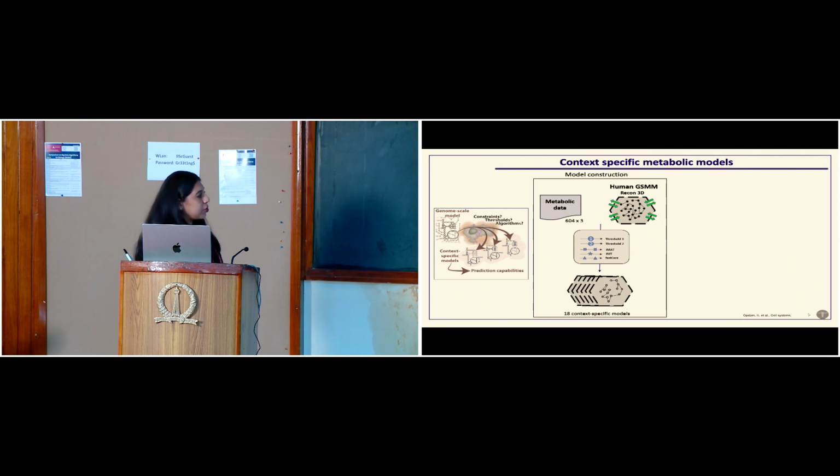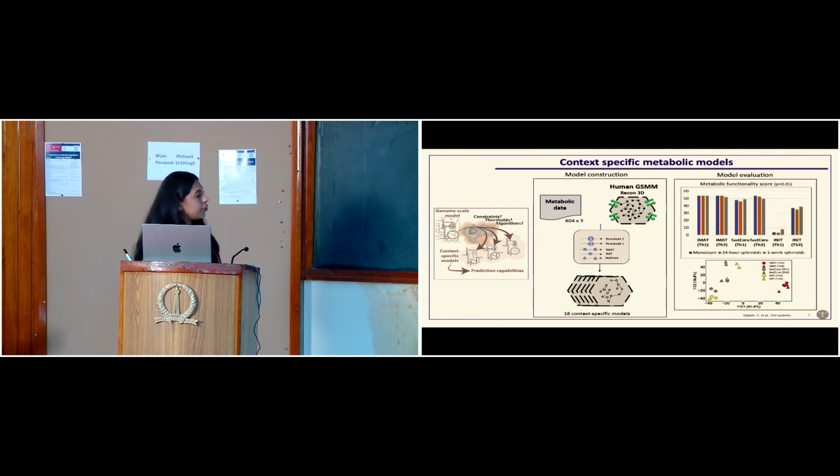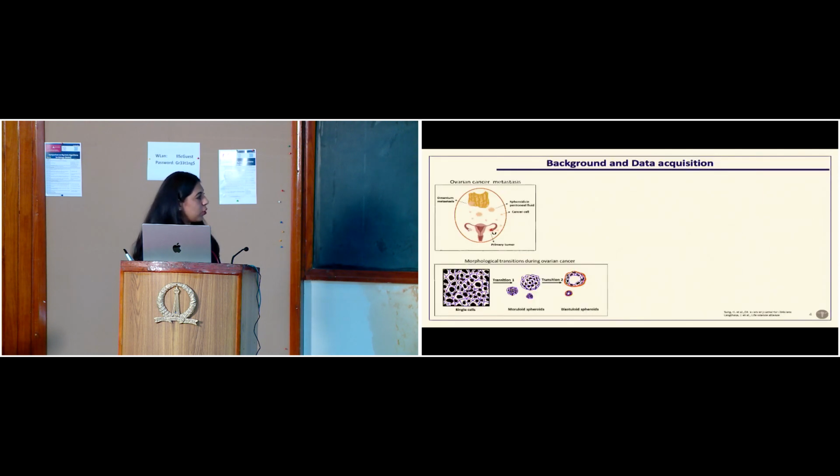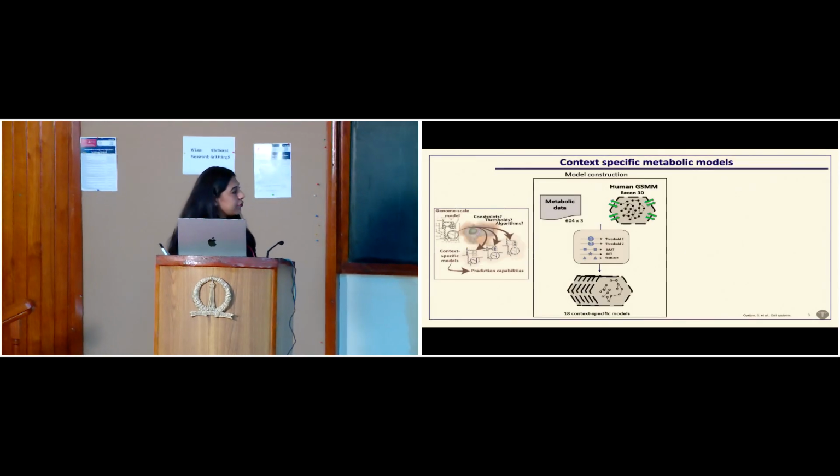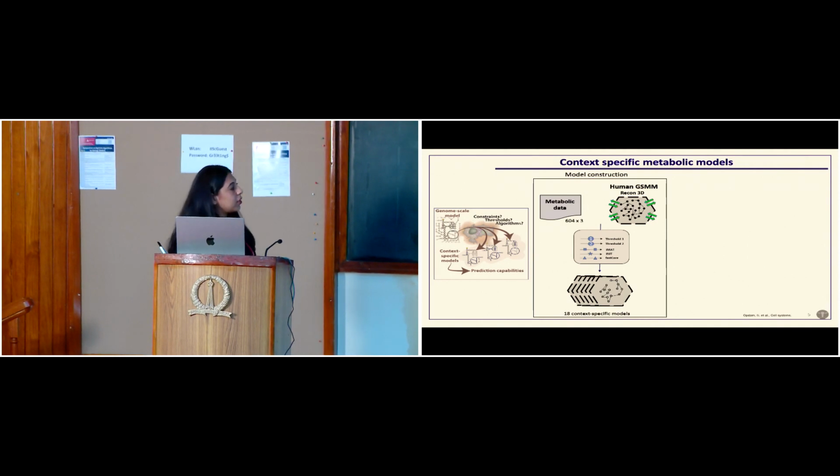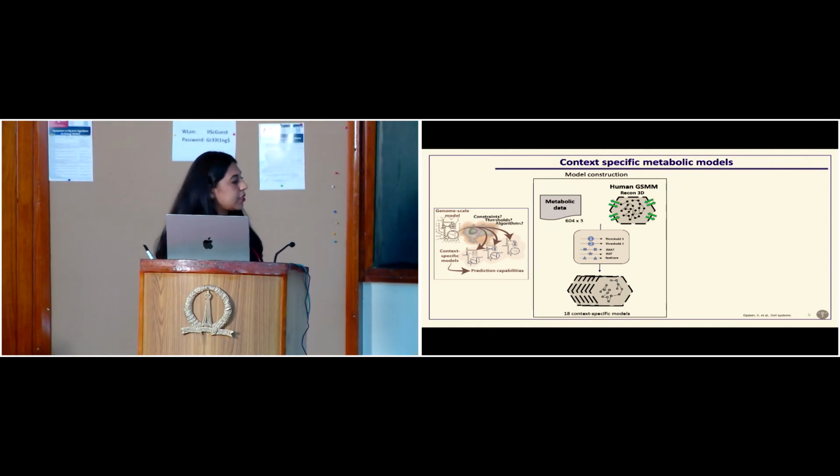If I go back, we had three transitions. We made metabolic models for all three morphological stages, and using different thresholds and different methods, we had 18 context-specific models.